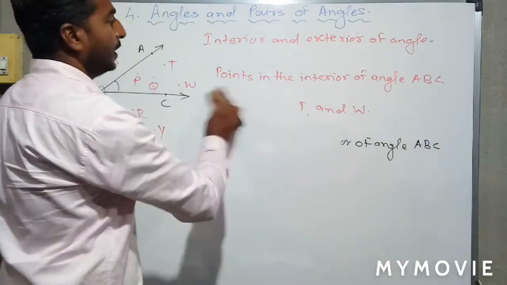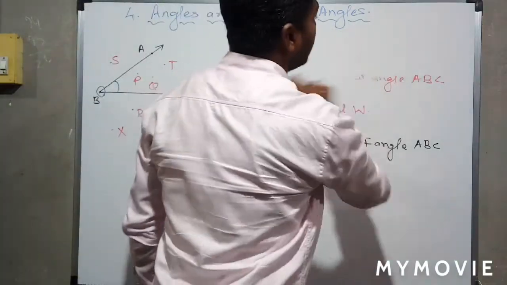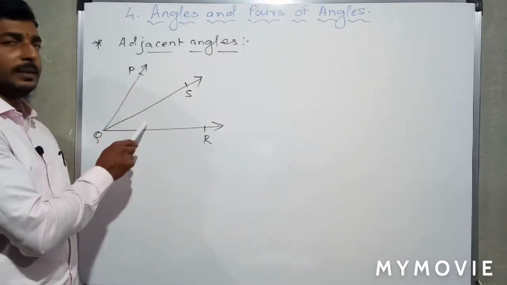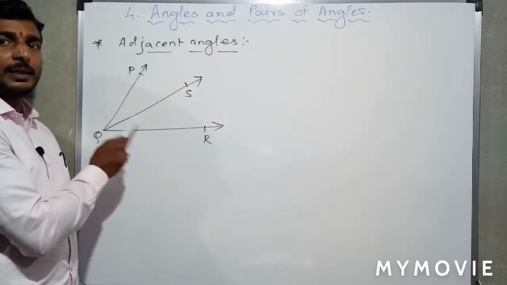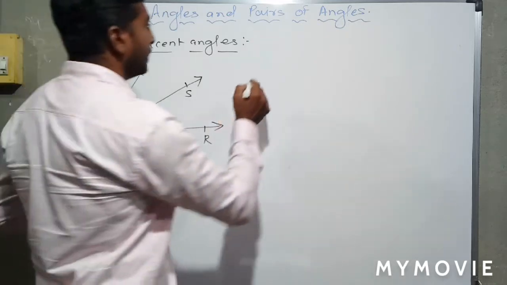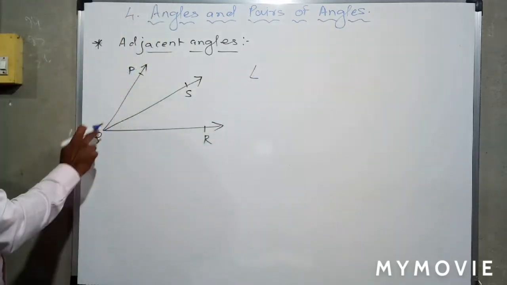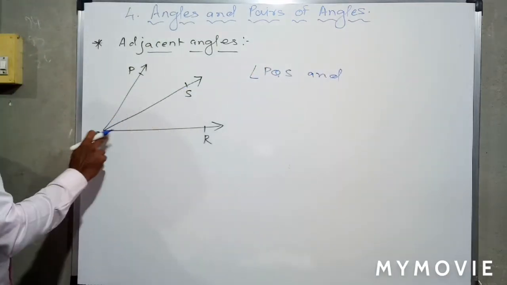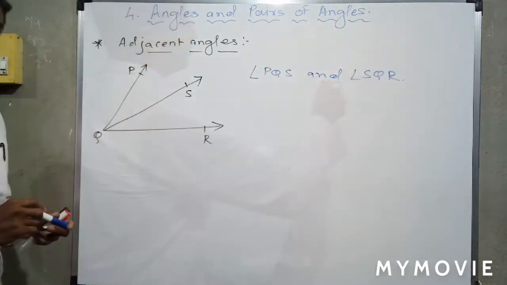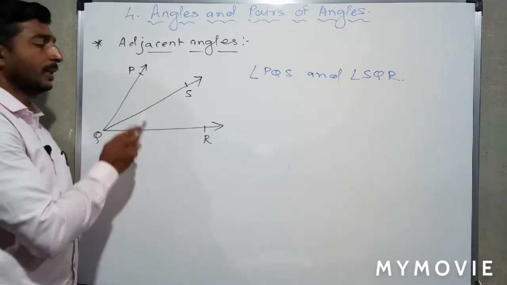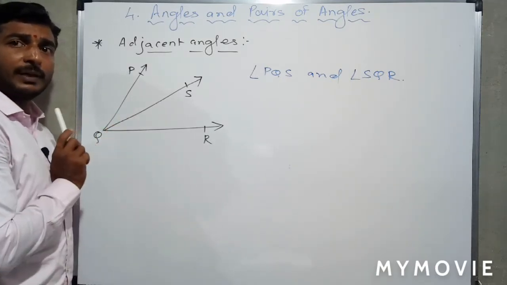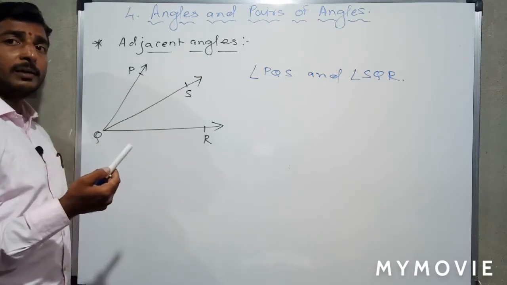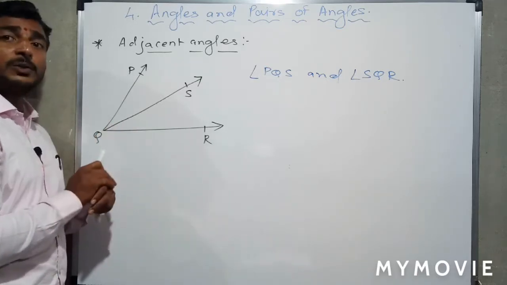The next term that we are going to learn is adjacent angles. Let's see, there are two angles here neighboring each other. One angle is angle PQS and the other angle is angle SQR. We can say that these two angles are neighbors of each other. What is common to them?